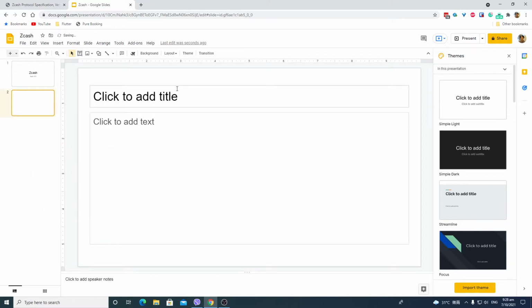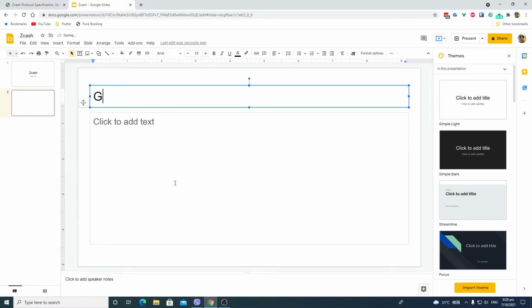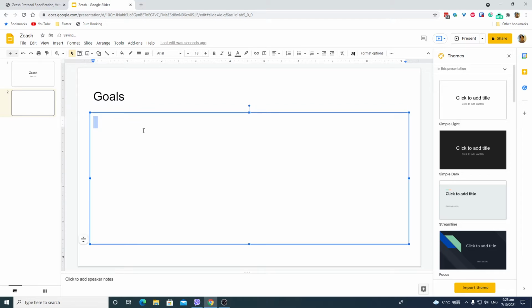So the first slide would be the goals. Let's say we want to understand the core fundamental concepts. We want to know the terminology, so things like secret key, private key, viewing key, and nullifiers.